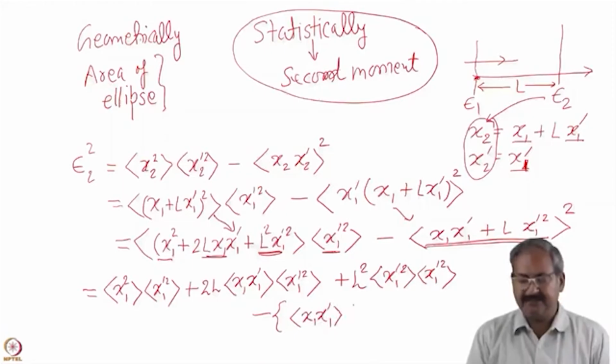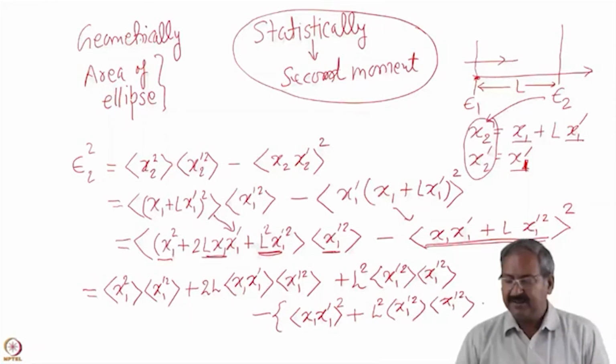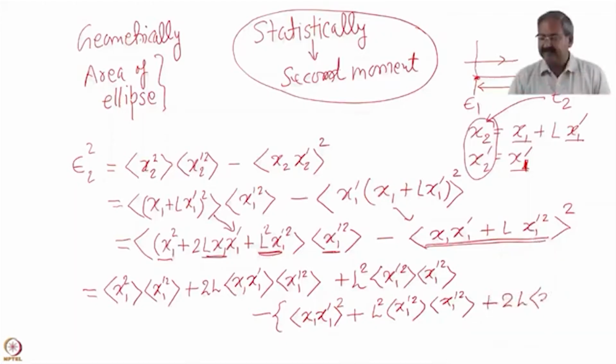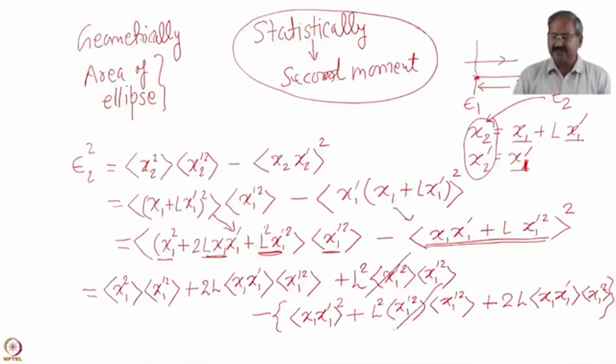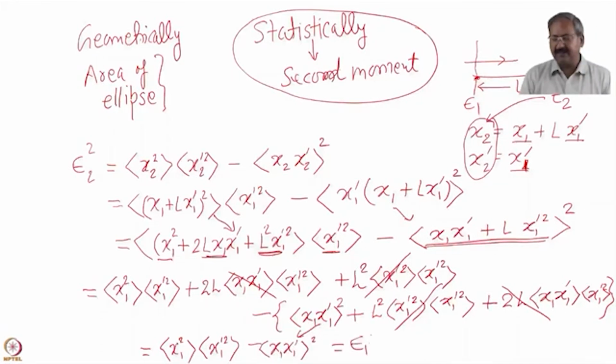Similarly we square this term, so you will get minus x1 x1 prime squared, plus L square x1 prime square x1 prime square, plus twice L x1 x1 prime and x1 prime square. Now you can see that this is cancelled by this and this is cancelled by this, and we have x1 square x1 prime square minus this term x1 x1 prime squared, and this is the emittance 1 at the location.